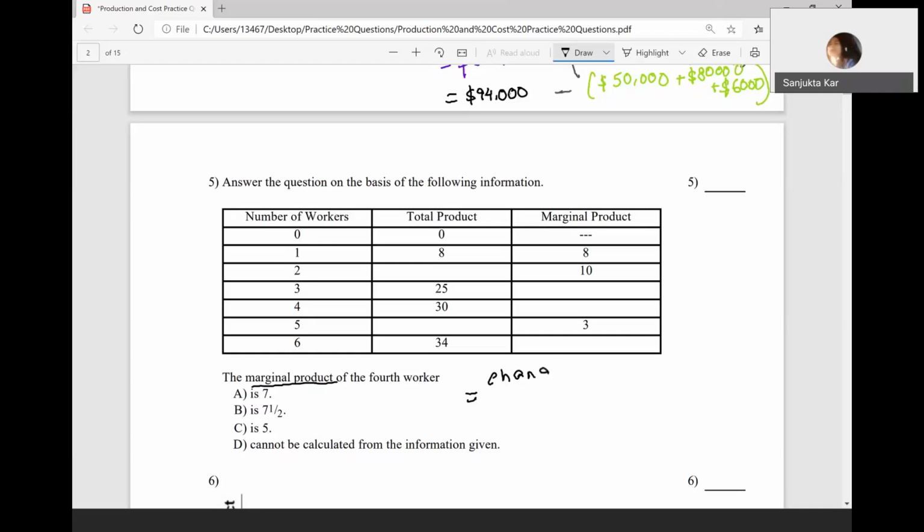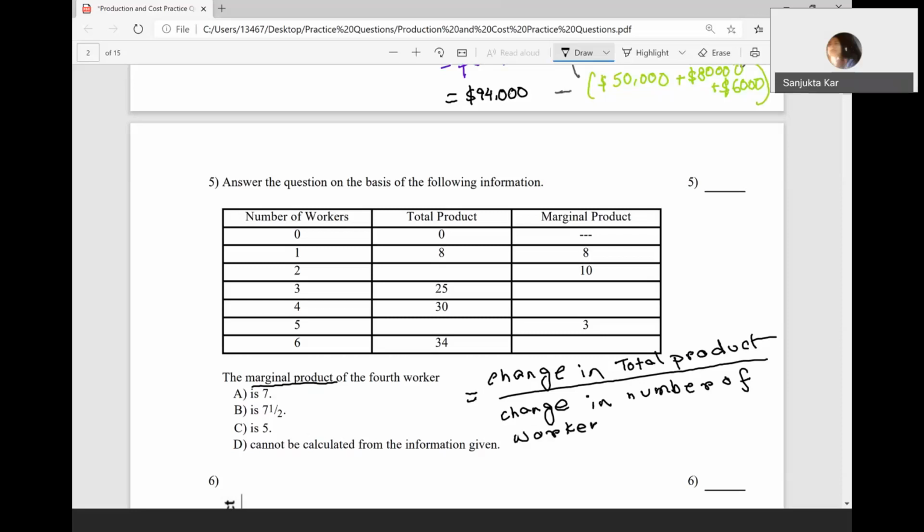The change in total product over the change in the number of workers.